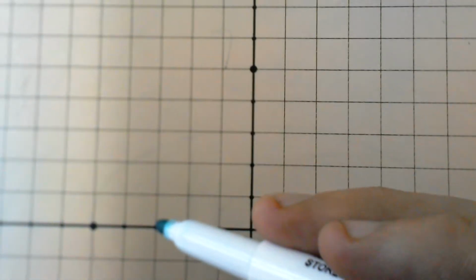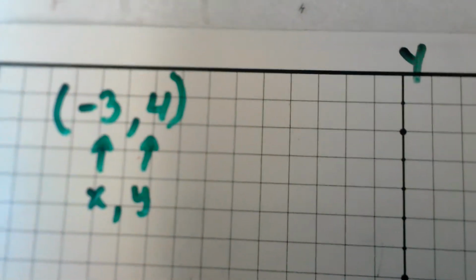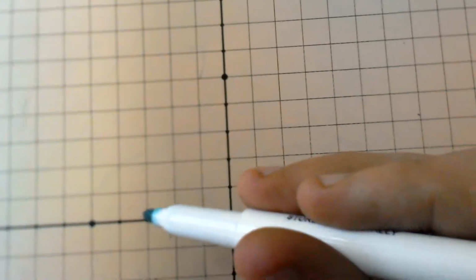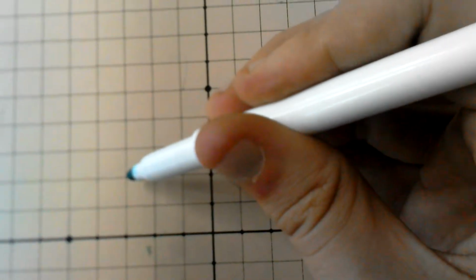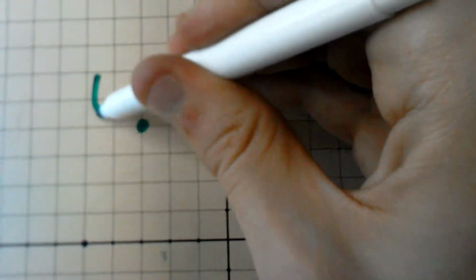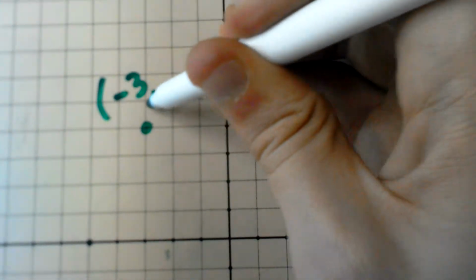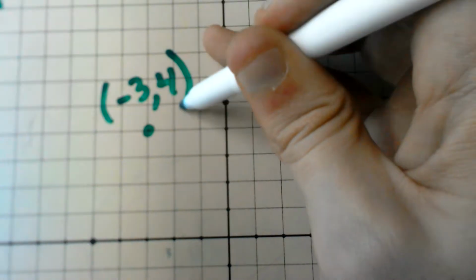So I'm going to move over 1, 2, 3 spots. My y has a value of 4. I know y, a positive y, will be going up. So I'm going to start where I just was, move up 1, 2, 3, 4. Put a point there. And that is the point -3, 4.